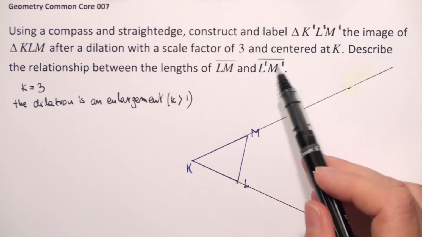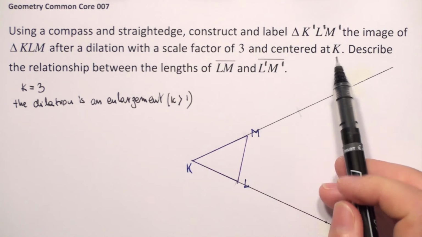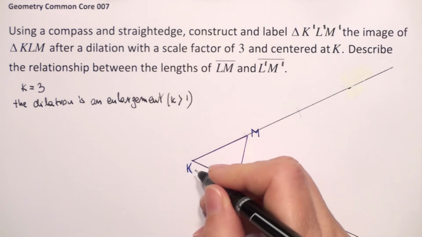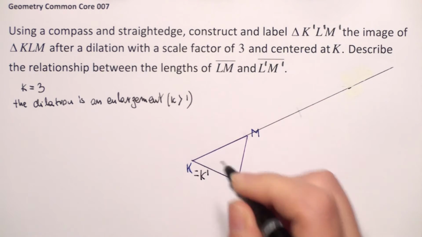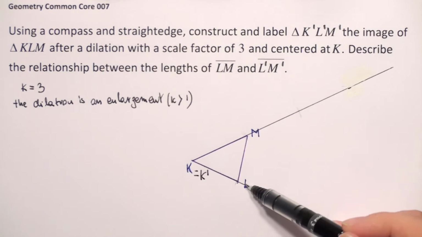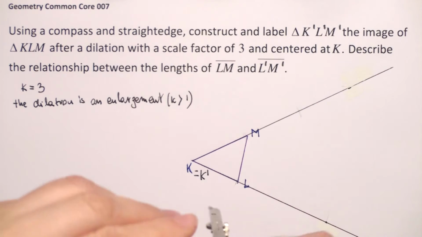The center of dilation we have at point K. So it means that K prime is equal to K. We have to find L prime and M prime. We will use a compass. We have to measure segment KL.